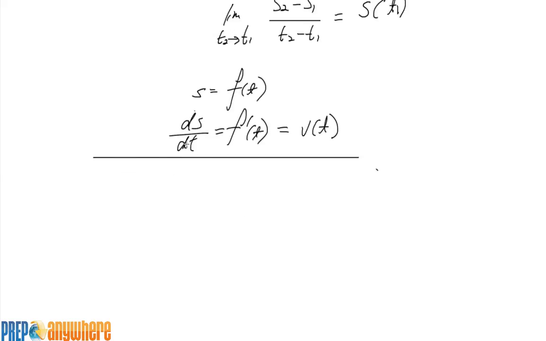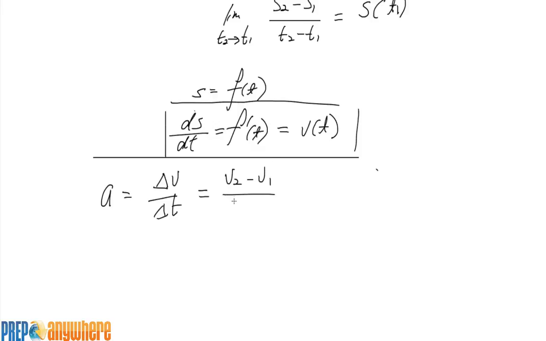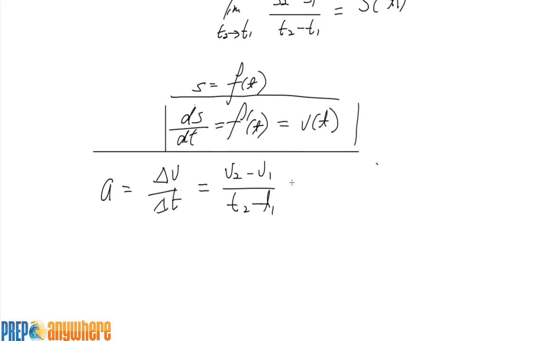Now let's talk about acceleration. Okay, acceleration. So what is acceleration? Acceleration is how fast the speed changes. So it's really just nothing more than delta v over delta t. Right, delta v over delta t. So you can write this as v2 minus v1 over t2 minus t1, exactly the same pattern as above.